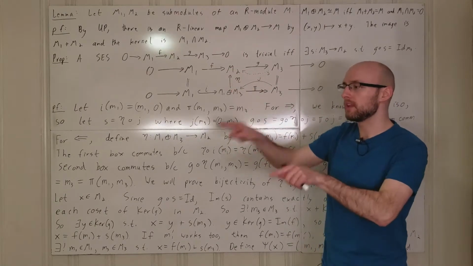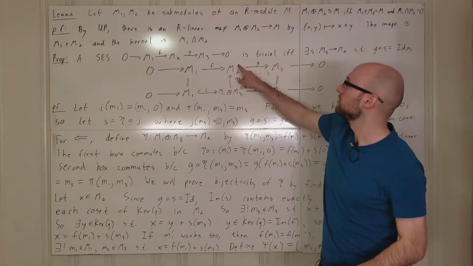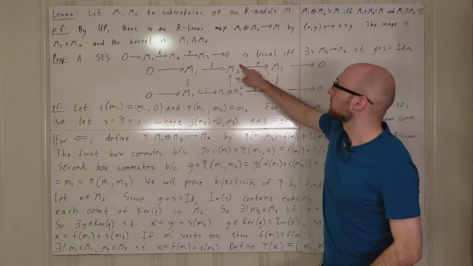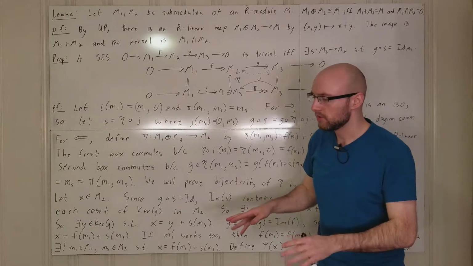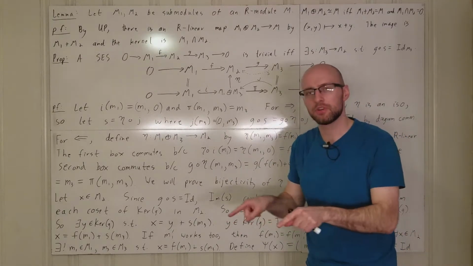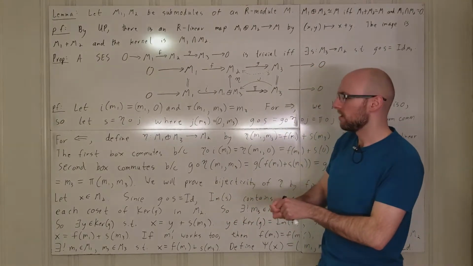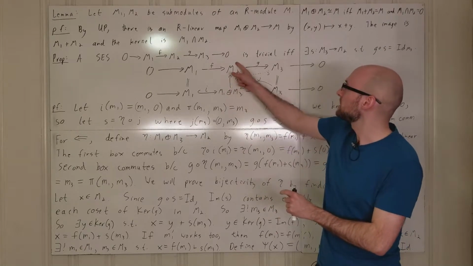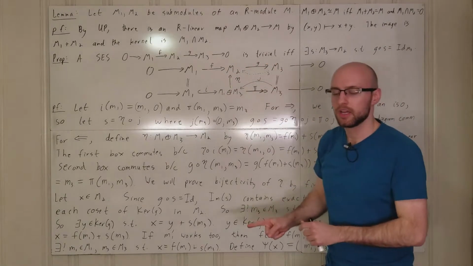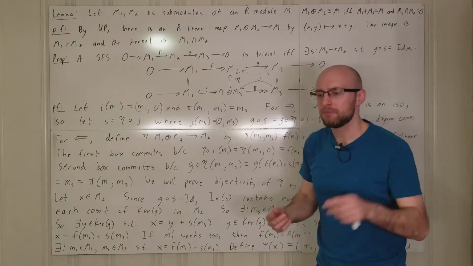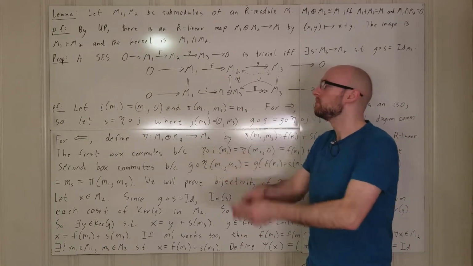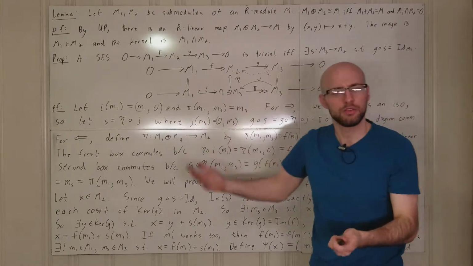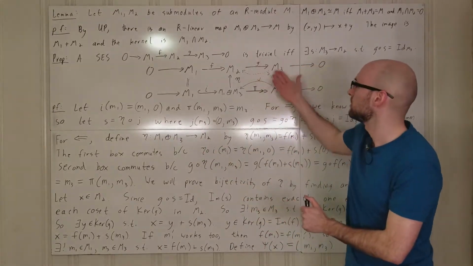And each of those elements must go back to where they came from in M3. So if you had two of them in the same kernel of G coset, then they would map to the same thing under G. And that can't happen because if they map to the same thing, then you must have started with the same thing, because that's the only way for this composition to be the identity map.